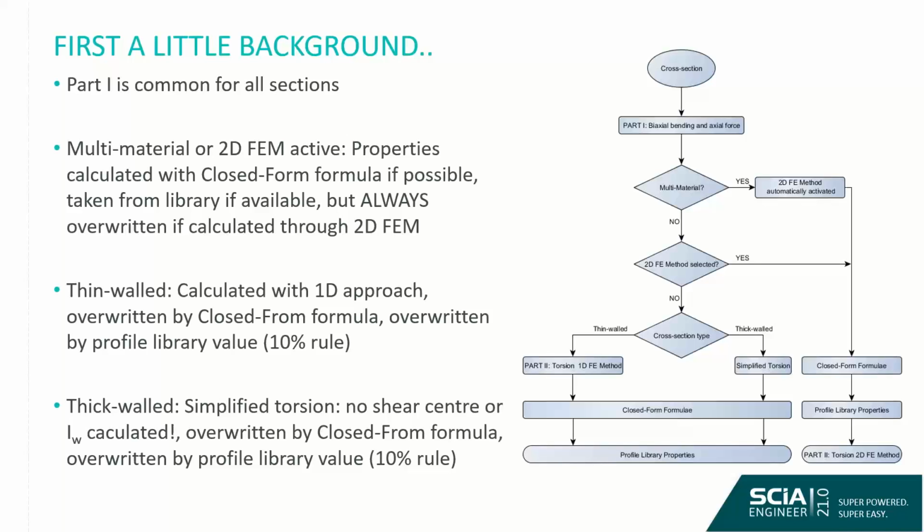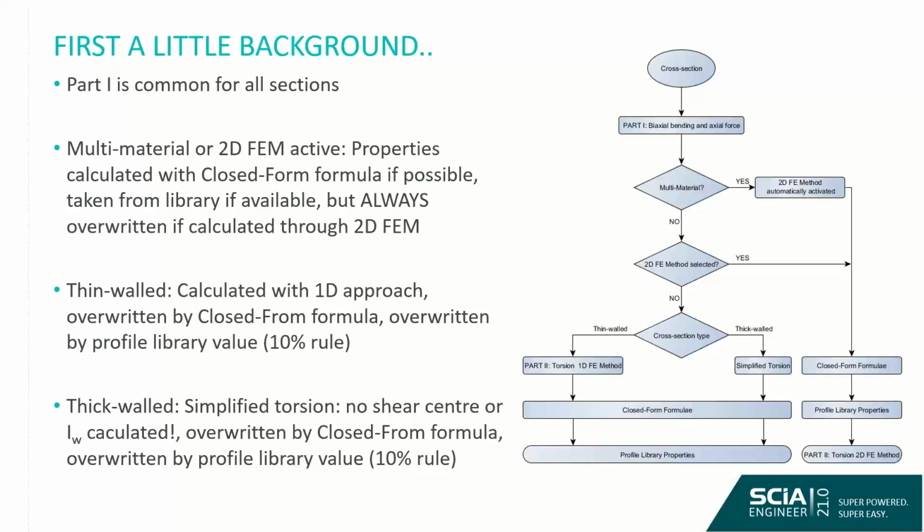So the first path we can have is that we have a multi-material cross-section, because for these we will always apply the finite element calculation for the properties. Or if you have a section where you activated this option inside the engineer, then you will fall into the right side of this graph. And at first, the properties will be calculated through some existing closed form formulas.